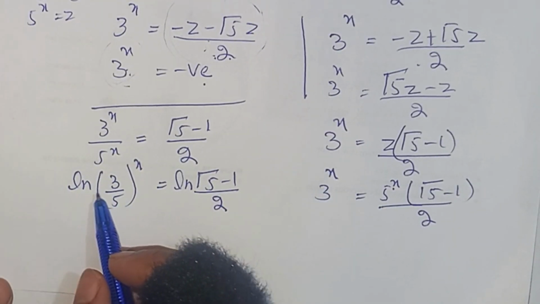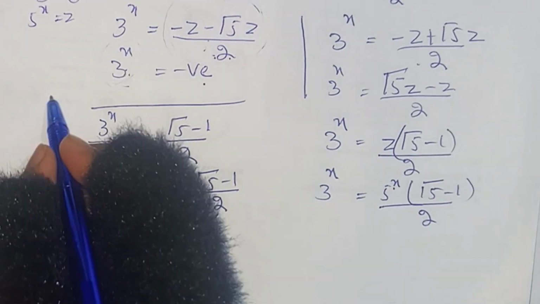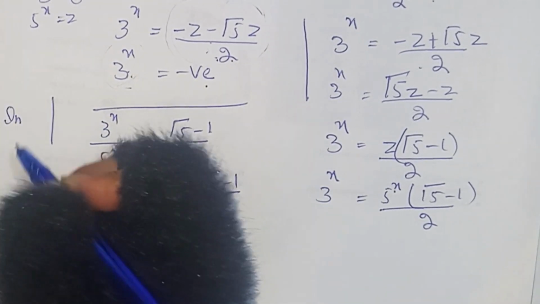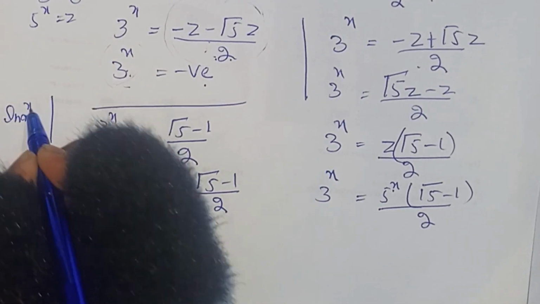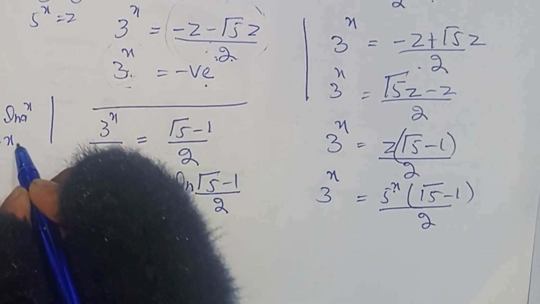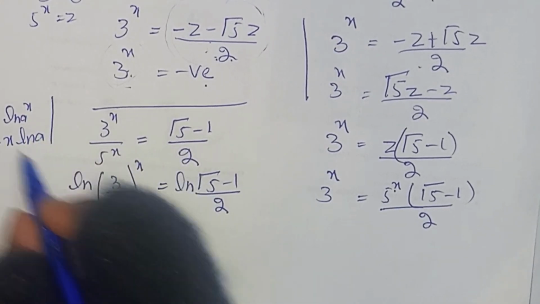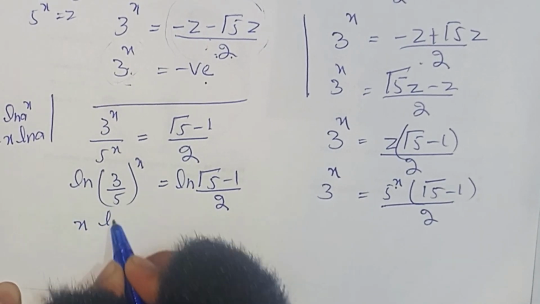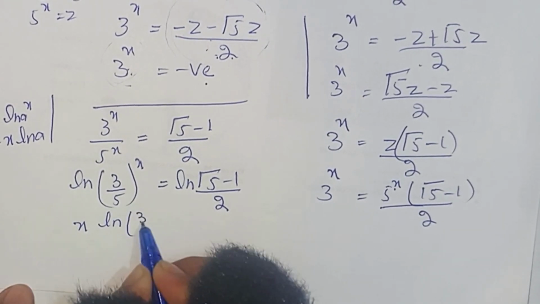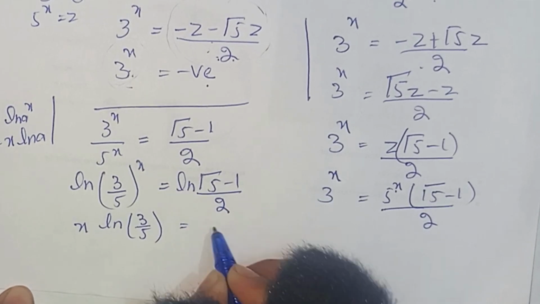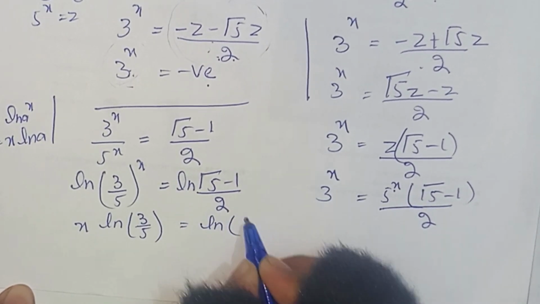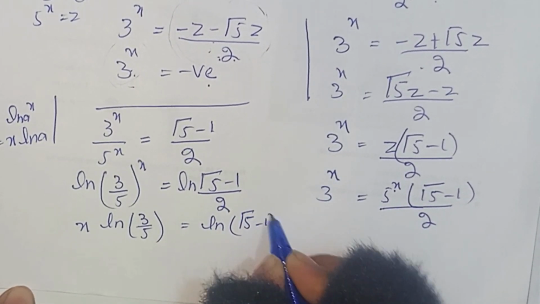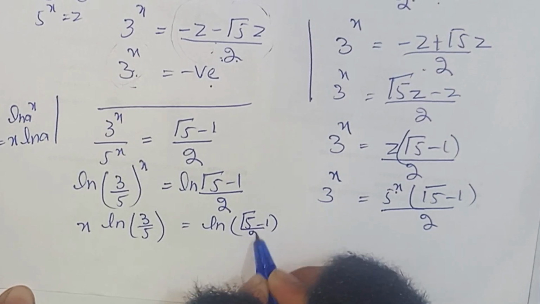Look at the left hand side. Here we use the property of natural log: ln of a raised to the power x is equal to x ln a. Applying this property, we get x ln(3/5) equal to ln((square root 5 minus 1) over 2).